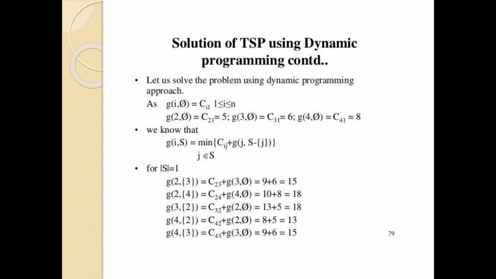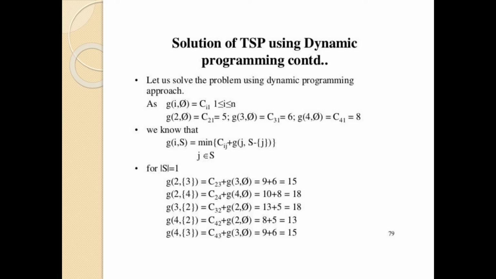So g of i comma S equals the minimum of cost of i to j plus g of j comma S minus j. Here i to j means the starting vertex is i and the next vertex to visit is j. Suppose i is equal to 1 and j is equal to 2: up to 1 to 2 he visited, and from 2 he has to visit the remaining vertices. So j belongs to the set of vertices.